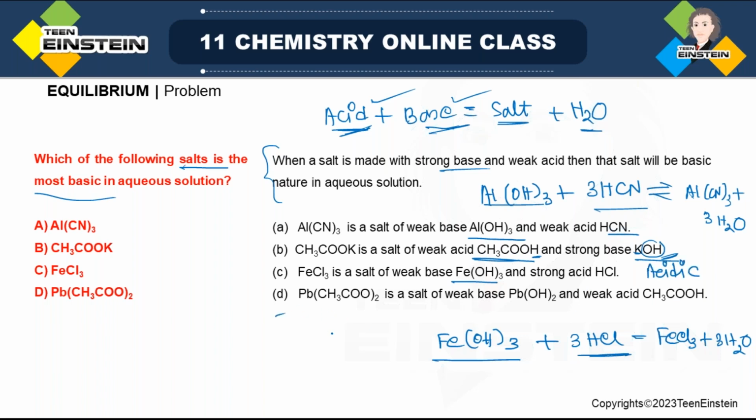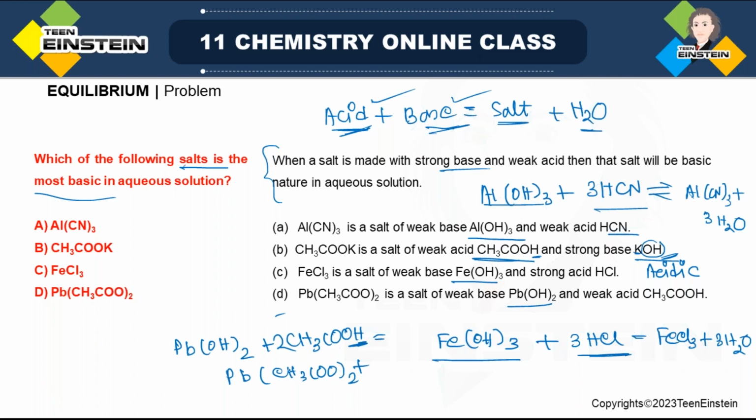And what about the last option, Pb acetate? The starting base is Pb(OH)2 and acetic acid. The balanced equation needs two molecules of acetic acid, and it produces Pb with 2 acetate ions and 2 molecules of water.